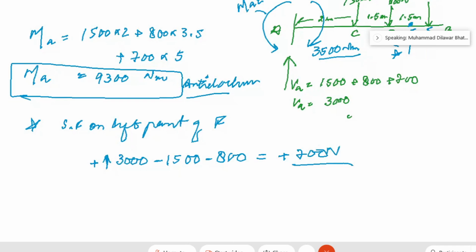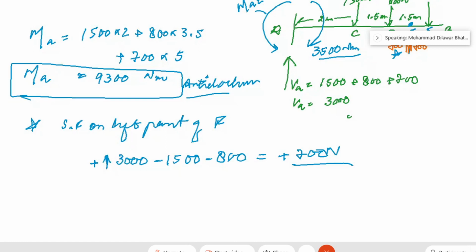This has to be 700 to maintain equilibrium. On the right hand side there is a shearing force of 700, and on the left hand side there is also a shearing force of 700. So whether you calculate to the right of any section or to the left of any section, the values won't change, because equilibrium has to be maintained at every point.